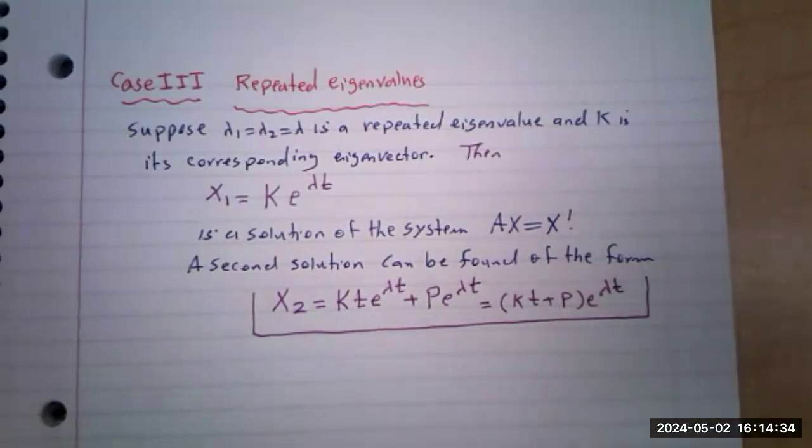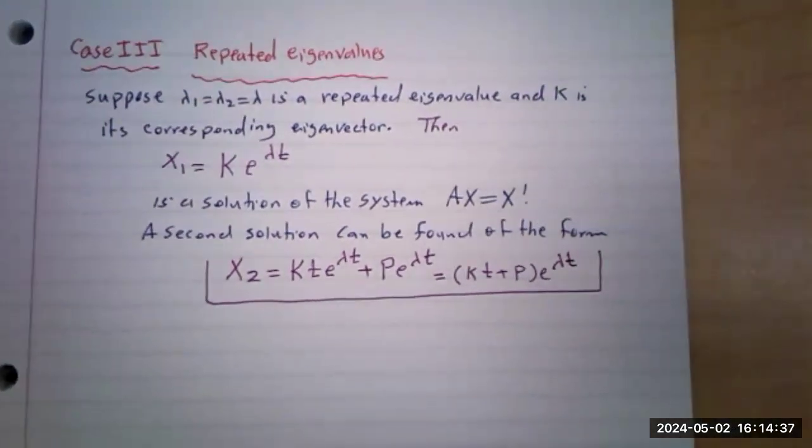So this is a suggestion. If the first solution is k e to the lambda t, the second solution would be of this type. We want to force this one to be a solution of the system.